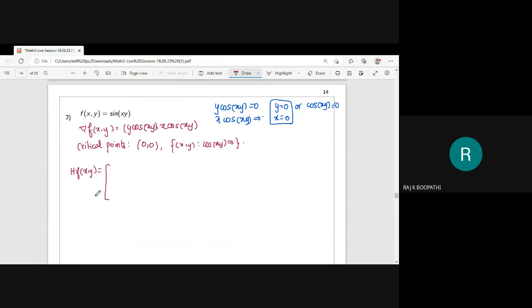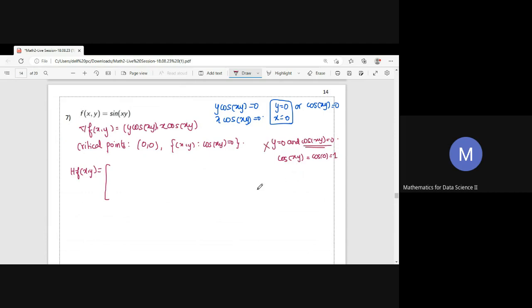Why can we not take y equal to 0 and cos of xy equal to 0? Let us say y is 0 and cos xy is 0. Now, since y is 0, your cos xy is nothing but cos 0, which is 1. That is not the case here.